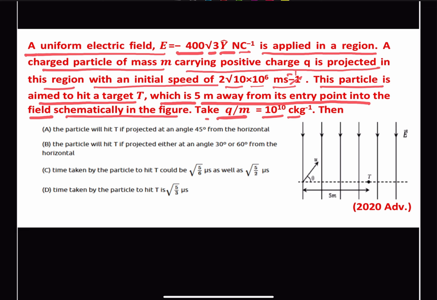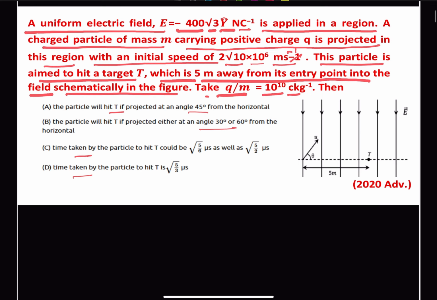Then we have to find out the time and the angle of the projection. So basic figure is given to us. We can assume that this target or initial direction of the projection is with respect to x-axis, and this is our y-axis.